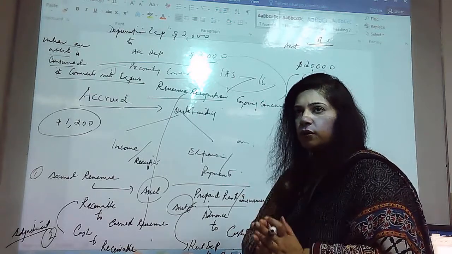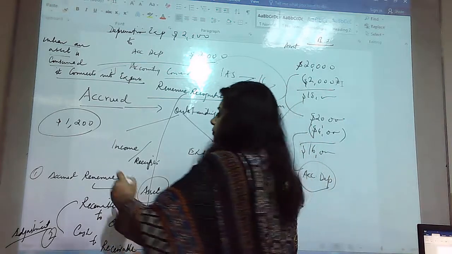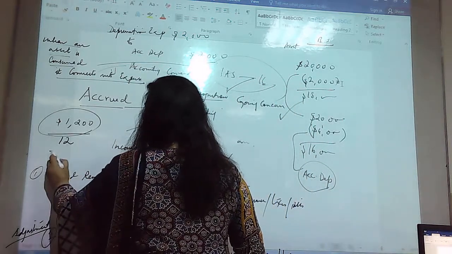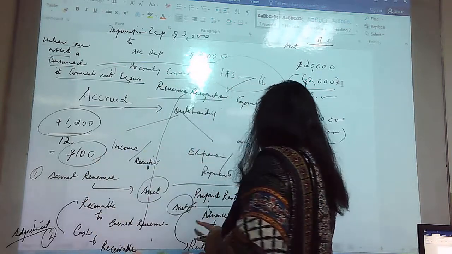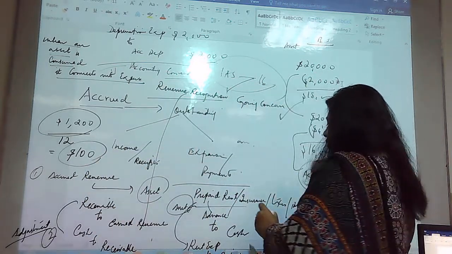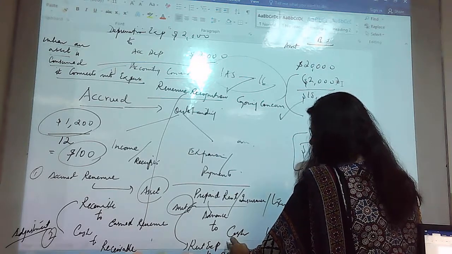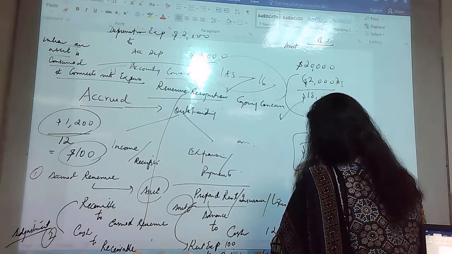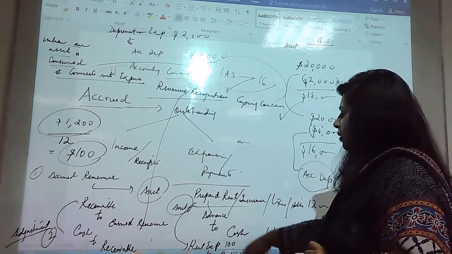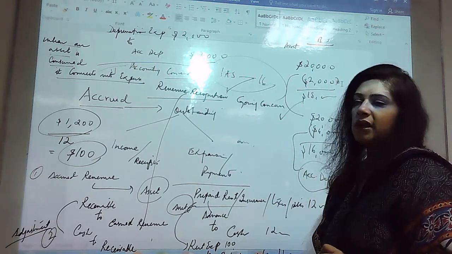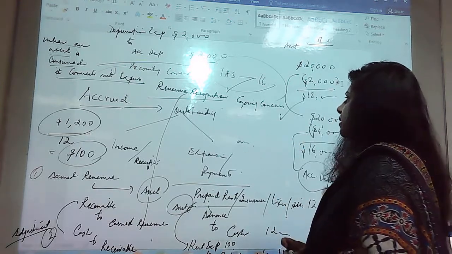So in order to record when a year is given, you divide it by 12, like this. And now you convert it per month as 100, and now you're going to reverse only that part. Because this is 1,200, this is 1,200, but this is going to be 100. You're not going to be reversing the whole amount, because only 1 month's rent has been converted into expense. Now I hope that you understand this concept at least.